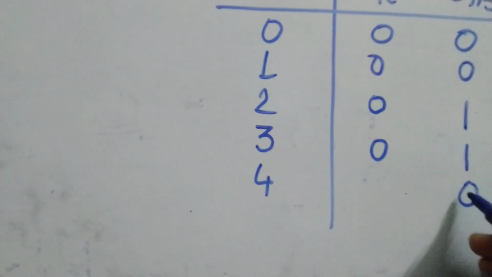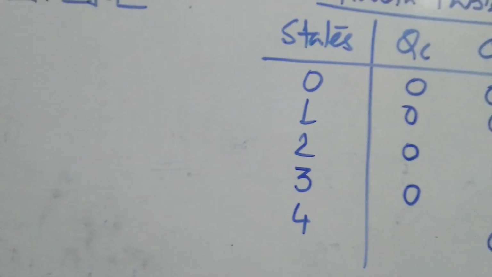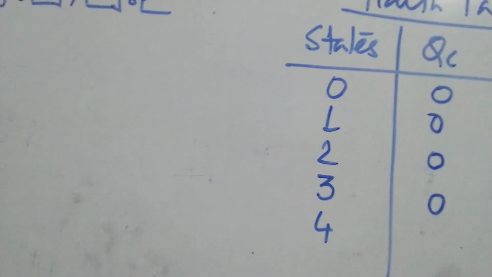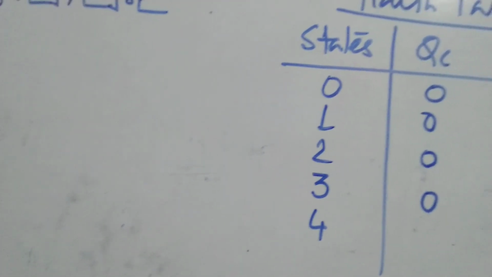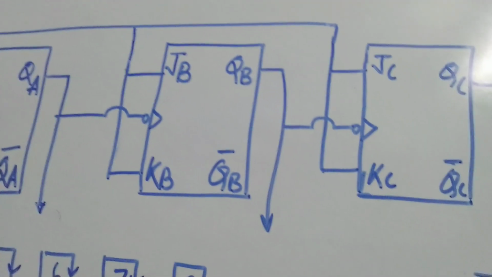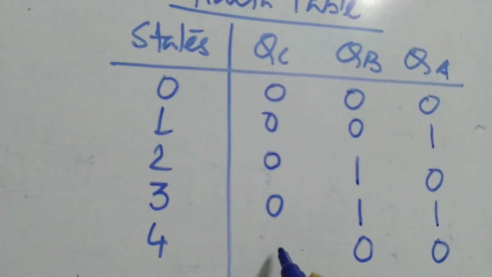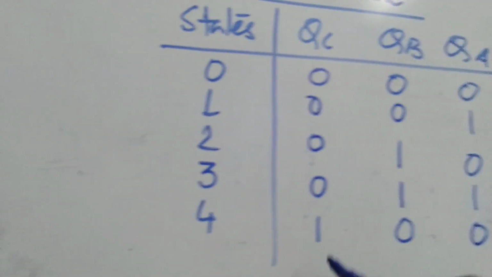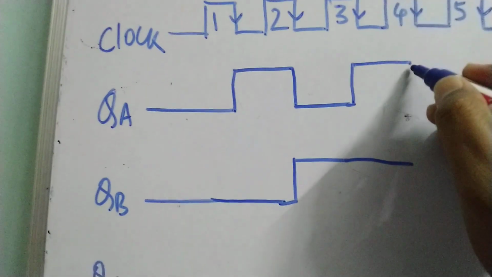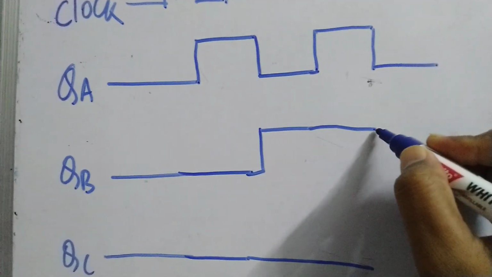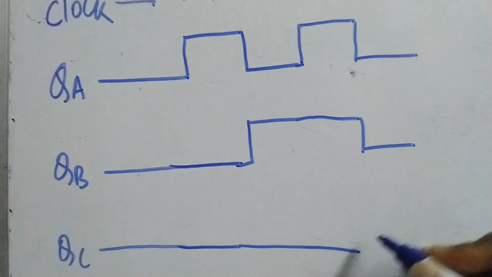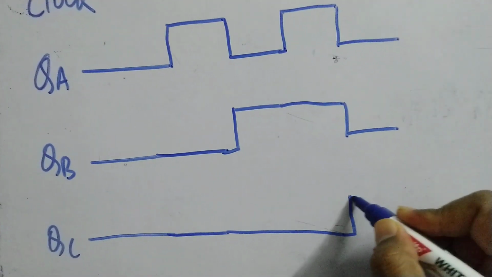When the second flip-flop output is 0, the third flip-flop is activated as QB provides the clock pulse of the third flip-flop. So the output of the third flip-flop toggles. So it was 0, now it is 1. So here it is 0, here it is 0, and now it is 1.